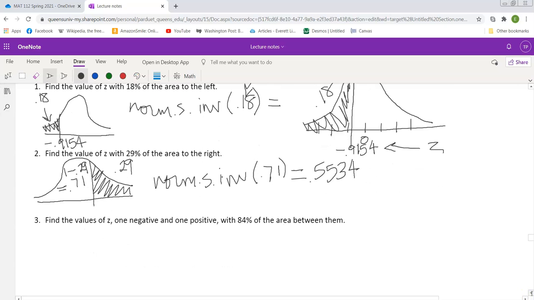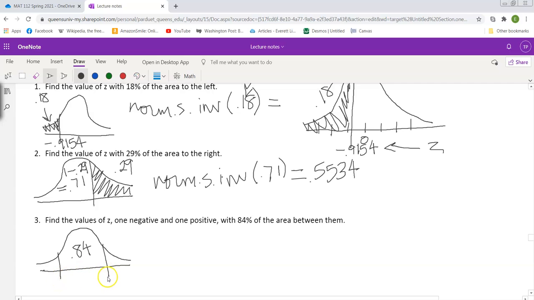And in this last problem here, we've got 84% of the area between two values of z. Try that again. That's a little better. We've got 84% of the area between these two values of z.